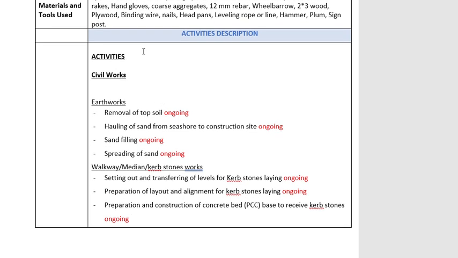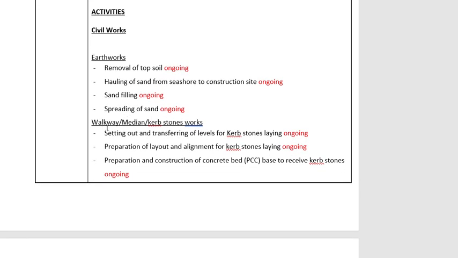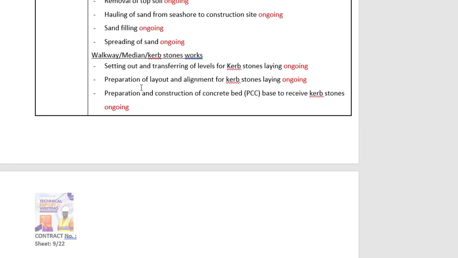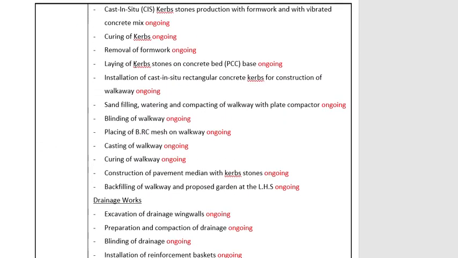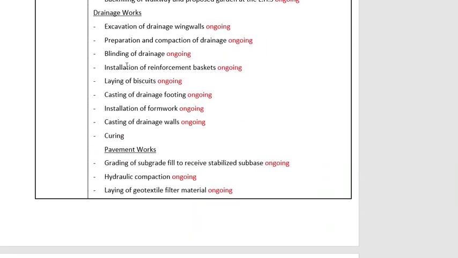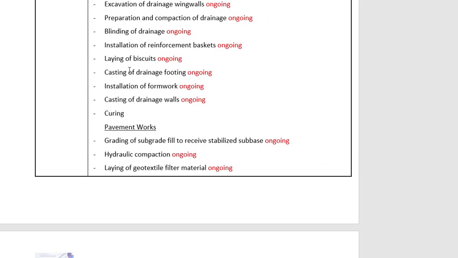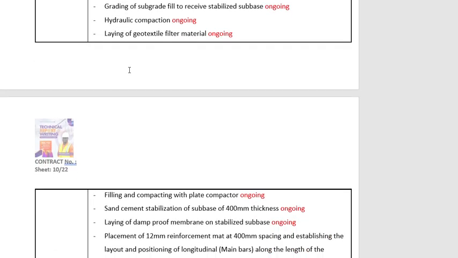For example, you can see activities, civil works, earthwork. You state all the earthwork activities ongoing on the earthworks. Then the walkway, capstone, state all the activities that are ongoing on the walkway and construction activities. So this is the daily, weekly activities ongoing on site.